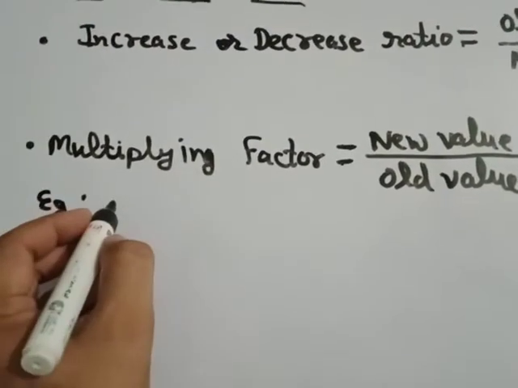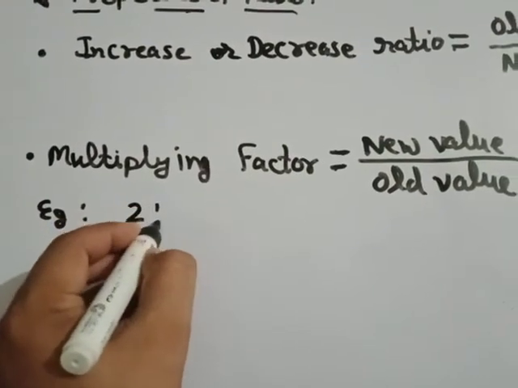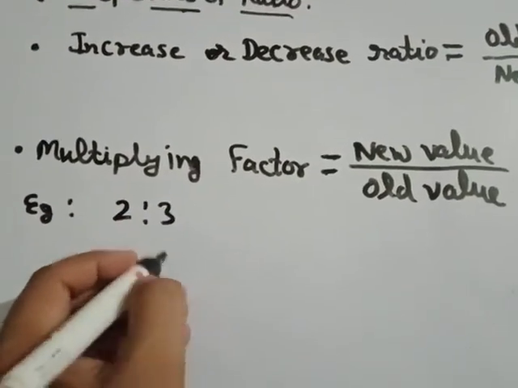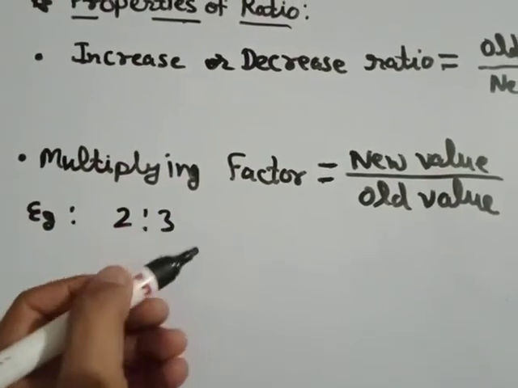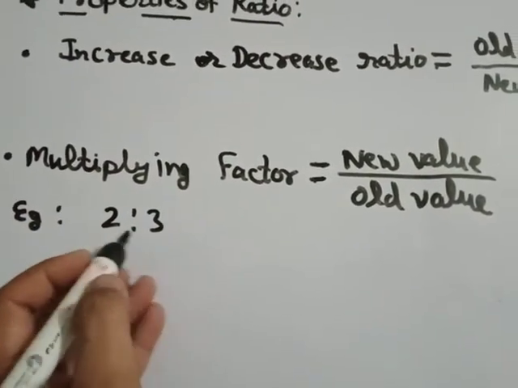Example, in ratio 2:3, how can we judge the increase or decrease value or multiplying factor? So the quantity increases in the ratio.